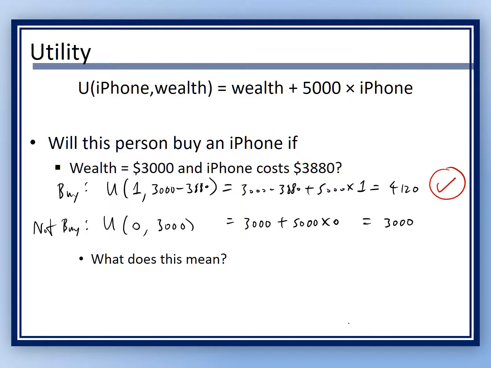When you buy an apartment, especially in Hong Kong, very few people can afford to buy an apartment with cash, in Hong Kong or pretty much any developed country, right? You always get a mortgage. But if you're getting a mortgage, that means you're buying something that you do not have enough money for. That doesn't stop you from buying an apartment in Hong Kong, because there is a way for you to borrow money. So this is actually not that bad an assumption, turns out, because we all do that. We spend money that we don't have.